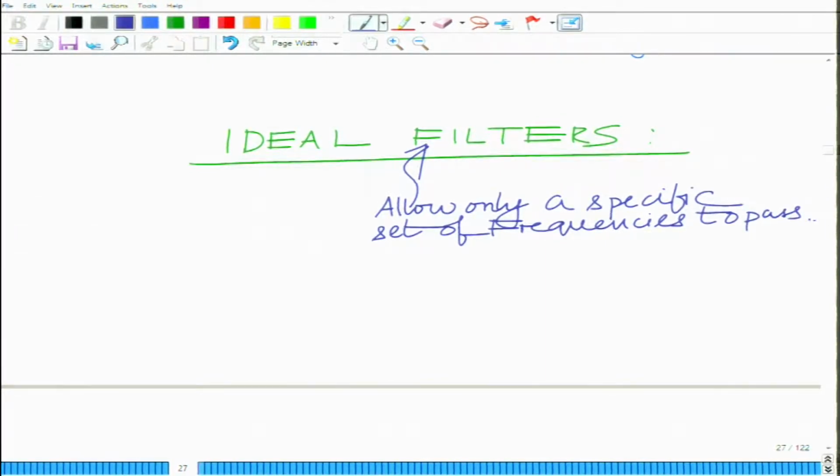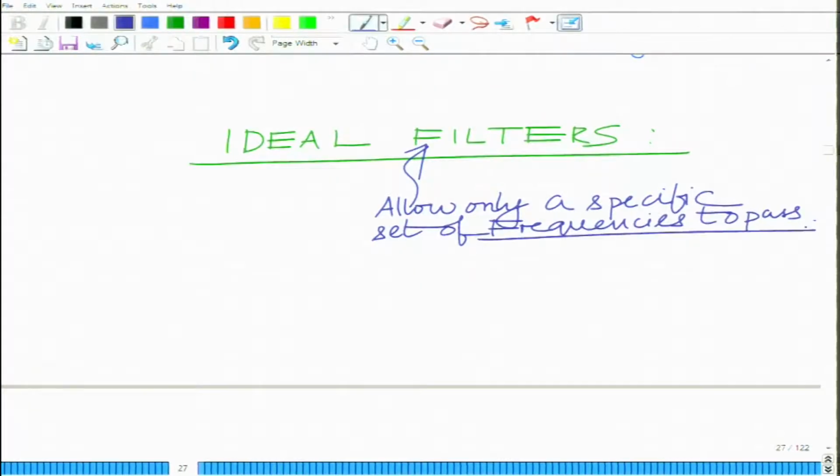If you input a certain signal x(t) to that system, it only allows specific frequency components of x(t) to pass through, and ideally it blocks the rest of the frequencies.